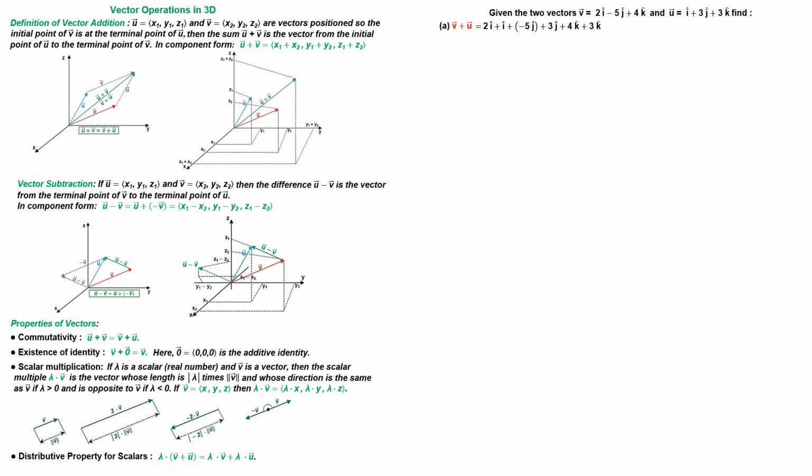That is, we need to add the i, j, and k components separately to get the sum of these vectors. To solve item B, we subtract the corresponding components individually. That is, we need to subtract the i, j, and k components separately to get the difference between these vectors.